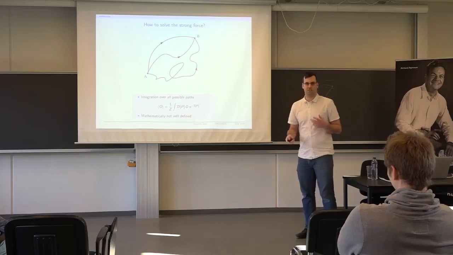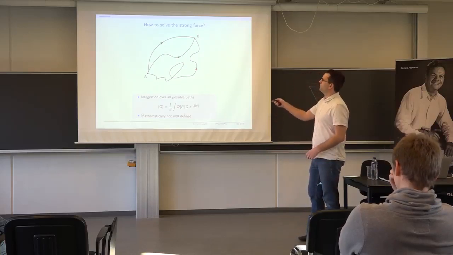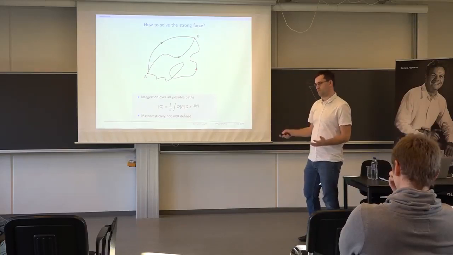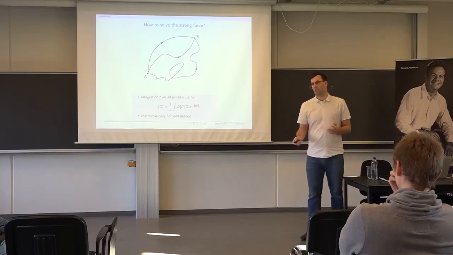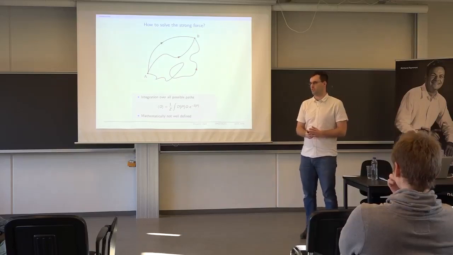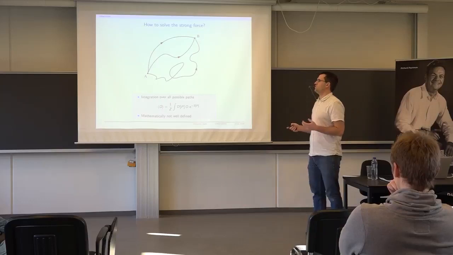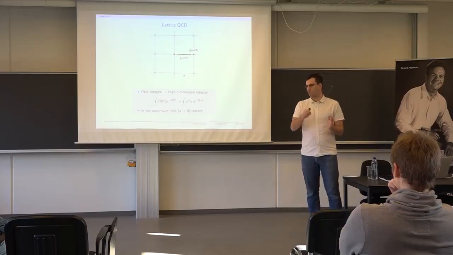This is basically just a mathematical way to say we take the expectation value from a start point to an end point over all the possible ways. This is mathematically not well defined. You can write it down, but whether it actually exists is a different story, and typically there's no direct statement of that. So what we do is discretize space-time by a hypercubic set of points.